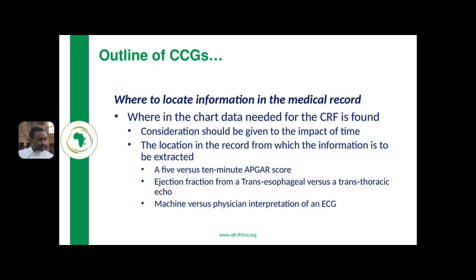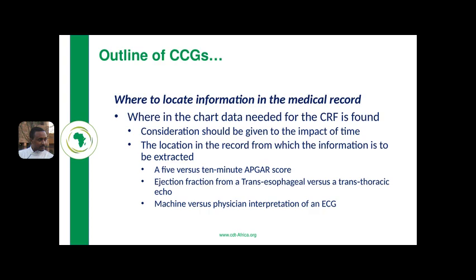For example, we can have a 5 versus 10 minute APGAR score, and the CRF may require an APGAR score. So which one to use should be clearly indicated in the guidelines. Or we may have a CRF looking for information on ejection fraction, and this ejection fraction could be measured from transesophageal or from transthoracic echocardiography.